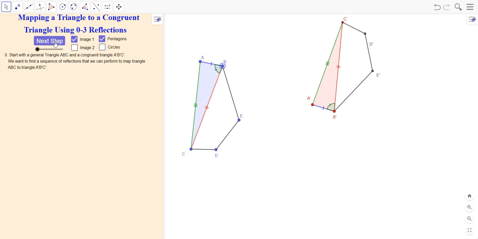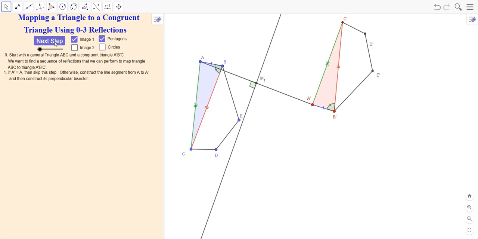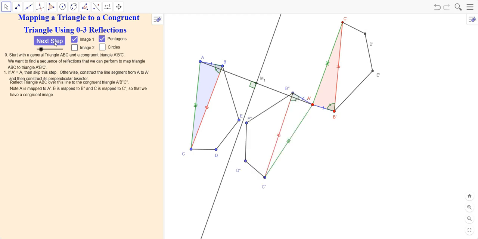And we're going to see something interesting here. Once again, we just do the same steps. Take A to A prime, take the perpendicular bisector of that line segment, reflect over that, and we get this congruent pentagon here, and it will fix A prime.